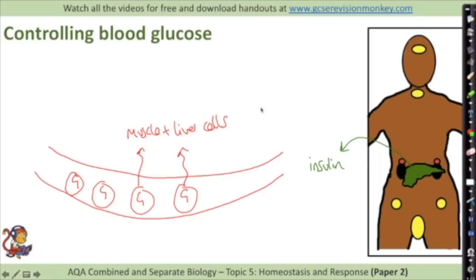And here it can be stored as glycogen. So the liver itself stores glucose as glycogen. Difficult words here. Glucose and glycogen sound very similar, but if the blood glucose levels are too high, it is controlled by this hormone, insulin.